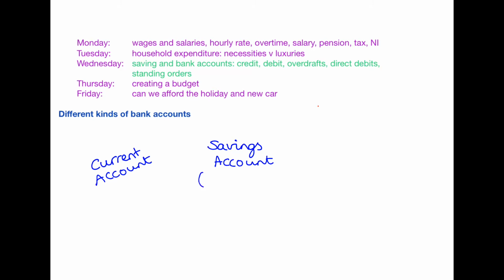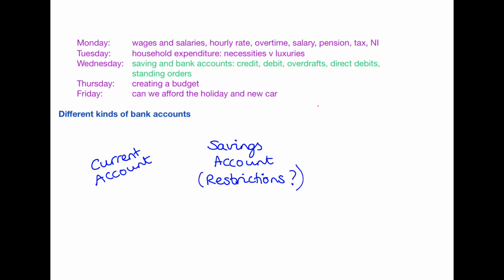Sometimes savings accounts might have restrictions on them. Okay, the restrictions might be that you have to give 30 days notice when you want to withdraw money. The restrictions might be that you have to pay a certain amount into your savings account every month. So there are different kinds of savings accounts.